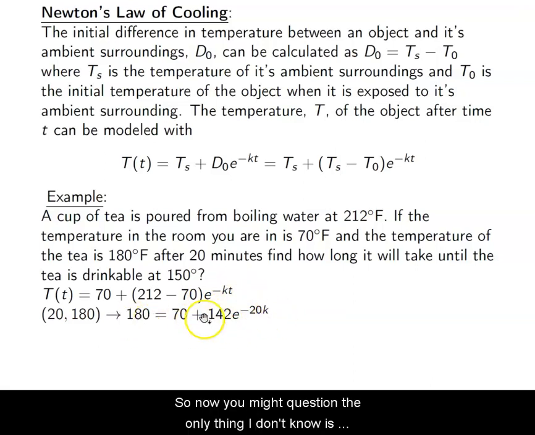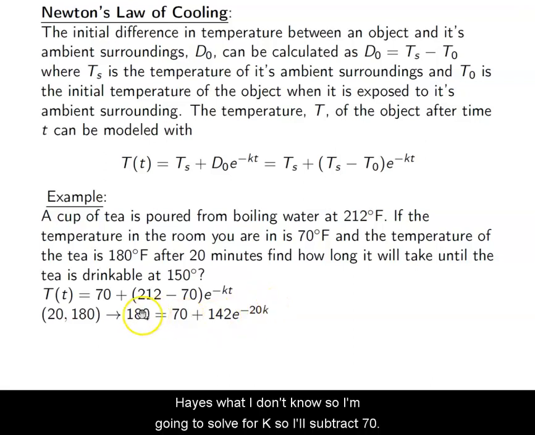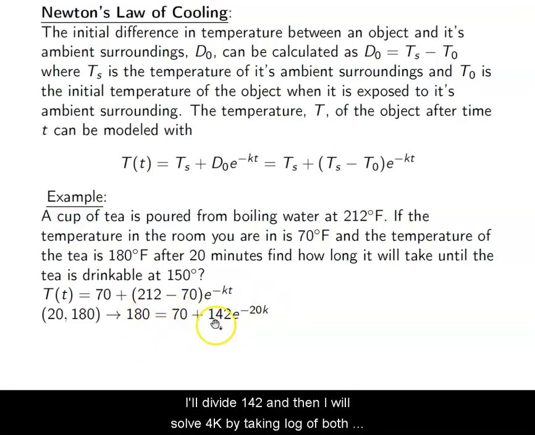So now, in my equation, the only thing I don't know is K. Remember, e is a value. I don't have to solve for it. It's a number, 2.718 something, right? K is what I don't know, so I'm going to solve for K. So I'll subtract 70. I will divide by 142. And then I will solve for K by taking the log of both sides, right?